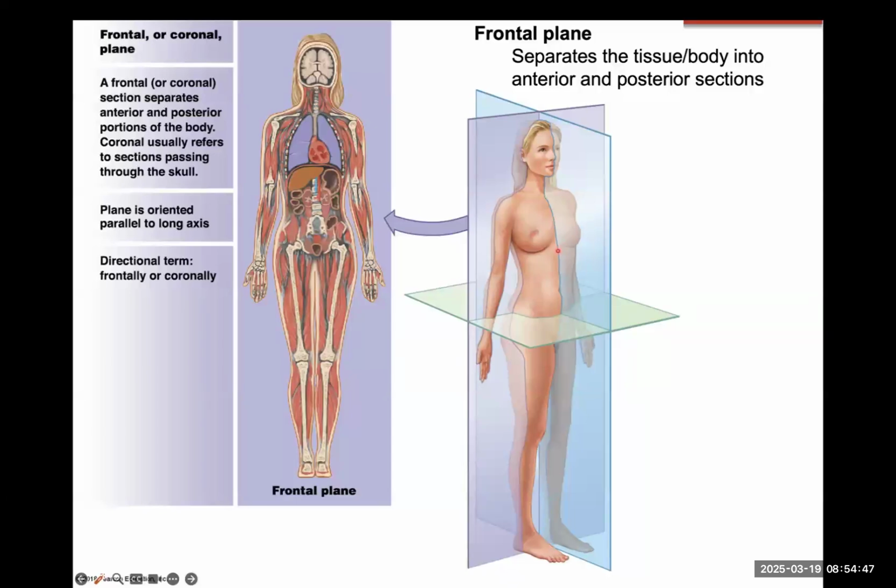It separates the body into anterior and posterior sections. So why do we want to talk about this? If you're going to cut into the body, you need to be able to describe what view you're looking at. Or if you're going to go into radiology, the radiology tech needs to write down which view the image is showing, and label it correctly.